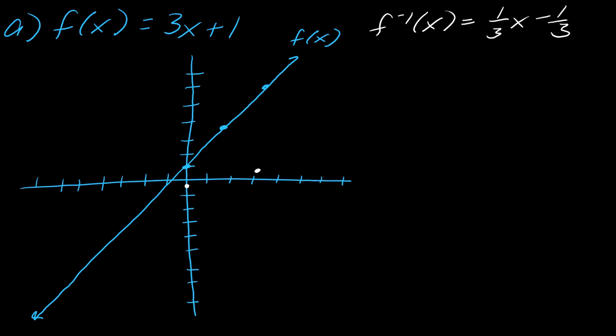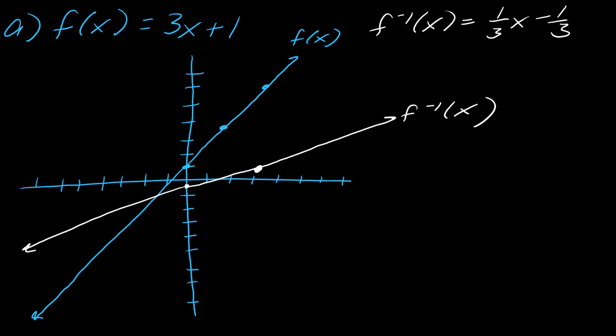Let's see if I can do that again. And let's see if this does what I need it to do. I think I'm just going to use the 2 points and see if that will work. So yes, this will indeed work. So here's my inverse.